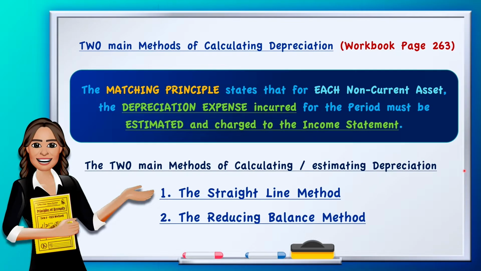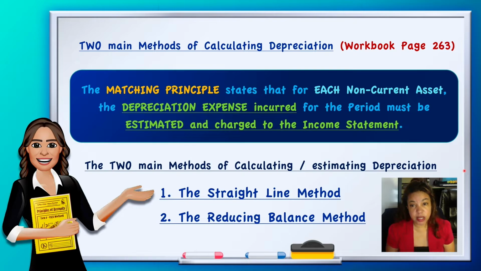So the two methods, because of the matching principle that states that for each non-current asset, the depreciation expense incurred for the period must be estimated and charged to the income statement, we therefore have to use one of two methods to calculate that estimated annual depreciation expense that has been incurred because of use.